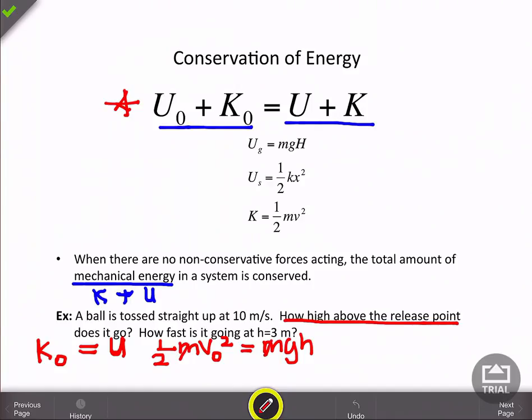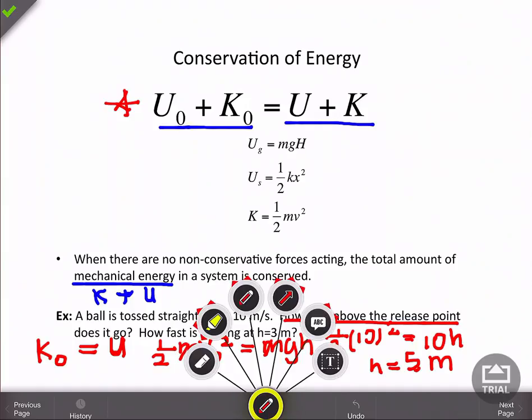So I've got 1/2 of my initial velocity, which is 10, squared, equals gh. What does that get me? 10 squared is 100, and half is 50, divided by 10. This object goes up to a height of 5 meters. So you can see how this is even a little bit easier than using your kinematics formulas. We just have to set our initial energy equal to our final energy.